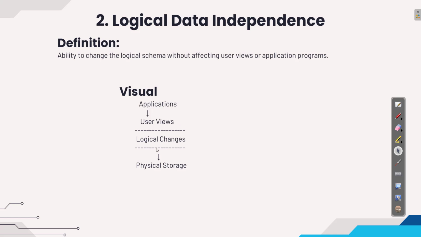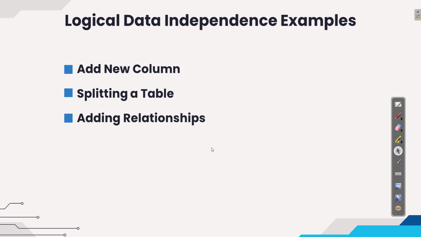Below that there are the logical changes here in the second part. As you know, there is a schema on the logical level: tables, attributes, constraints, relationships, etc. So we can make any changes in the logical level. We will see different examples of logical data independence.